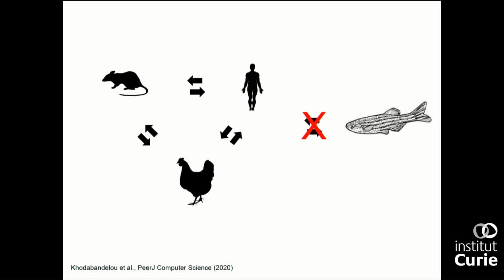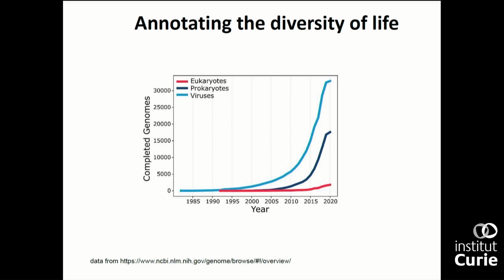But maybe a prospect would be to now use the annotation from all known genomes and make a kind of super network that we could use on any organism. But we are not there so far. So this is just to conclude on this part and to say that it is important to do this, because here you have the number of completed genomes.